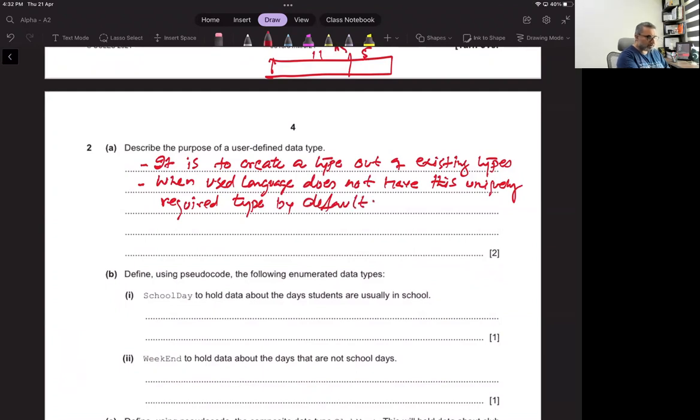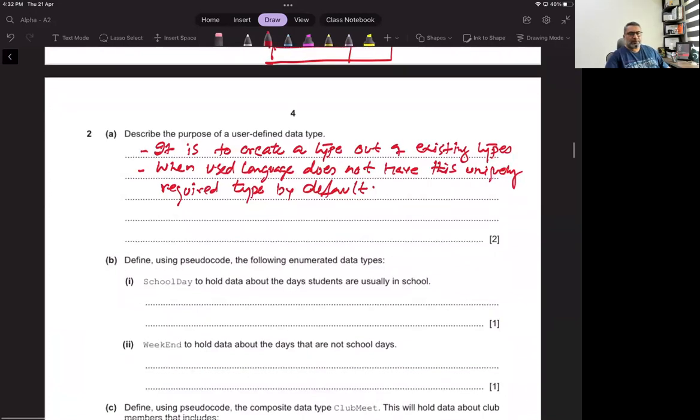Question is, why do we need user-defined types? What is the purpose that we need user-defined types? All right. It is to create a type out of existing types when the language used does not have this uniquely required type by default. So we need to create it.